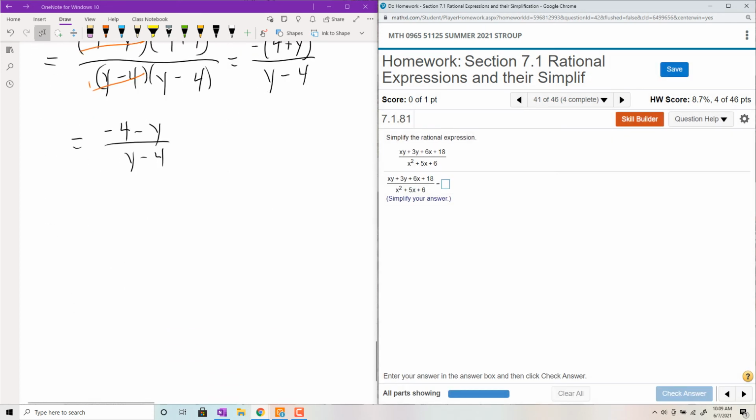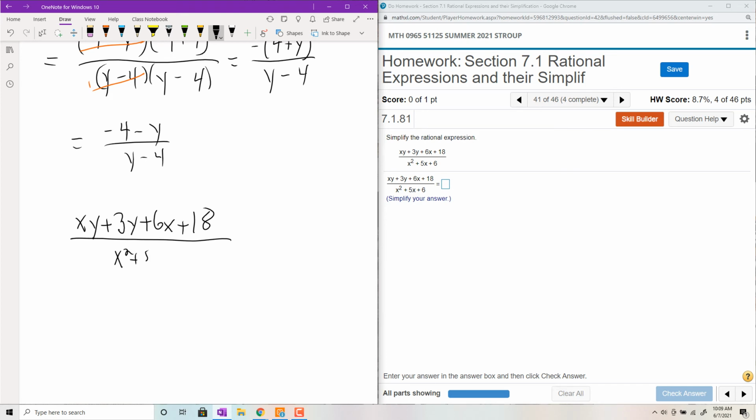This one looks like you need to do some grouping. So all of the methods that you learned about factoring will apply to these sections. So I need to factor by grouping on the top. These two guys factor out a y, you have x plus 3. These guys factor out 6, you get x plus 3.